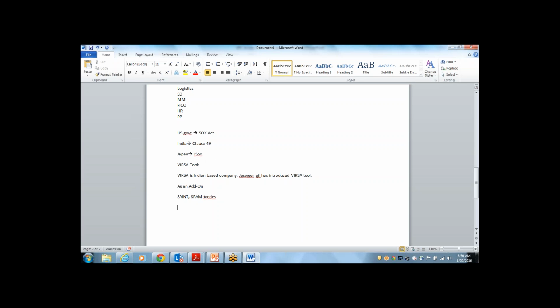Once this is deployed or installed as an add-on in our SAP ECC box, for example, in the ABAP stack, then you get the Virsa tool functionality. So let me tell you the Virsa components.